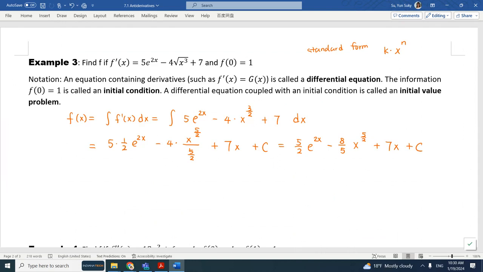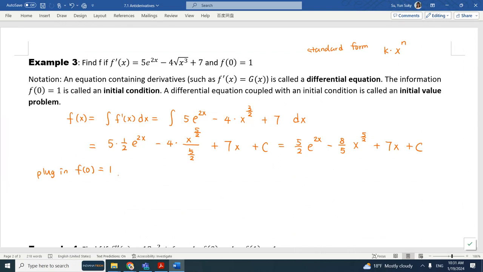So this is f of x. Because of plus c, this is a family of functions. So which one is our f? That's why we need the initial condition. We plug in f of 0 is 1. So we plug in x is 0. On the left-hand side, f of 0 becomes 1.